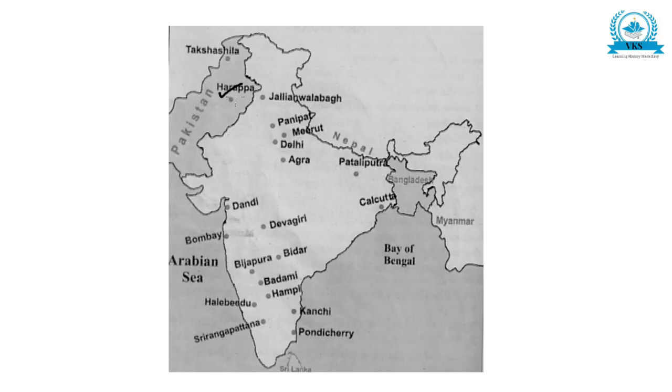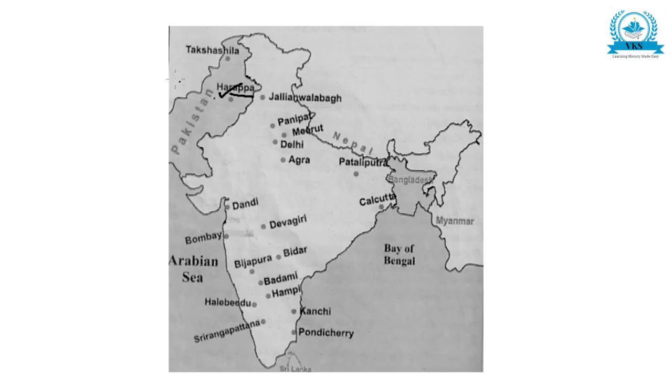Here you can see Harappa is situated in Pakistan, in western Punjab. Dayaram Sahani excavated this site in 1921 and the Great Granary is an important place found in Harappa. So that is the first place, Harappa, which is in Pakistan.